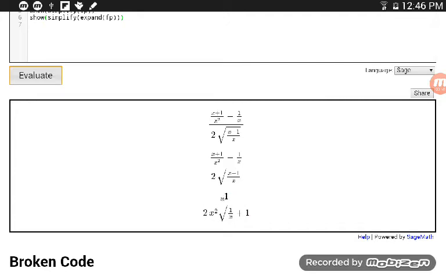We now can get it down to this negative 1 over 2x squared times the square root of 1 plus 1 over x plus 1. Now you could get a common denominator in this thing and you would get back to your x plus 1 over x underneath the square root. But it's kind of funny.